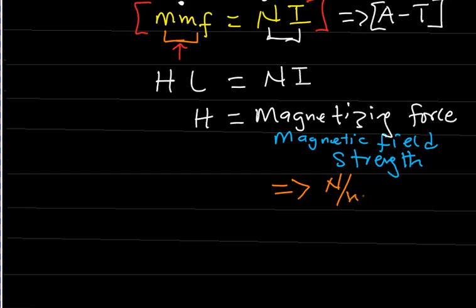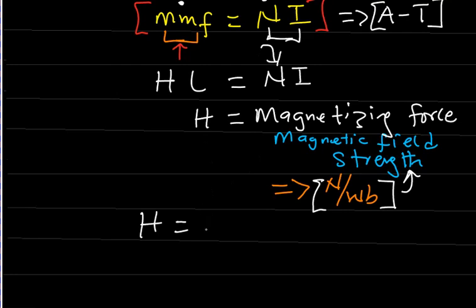The strength of one pole is measured in Weber, so Newton per Weber. Of course, there are other units. I'll still introduce other units to this, but this is really very important. This is one unit, and the unit can also be gotten from what we have here.